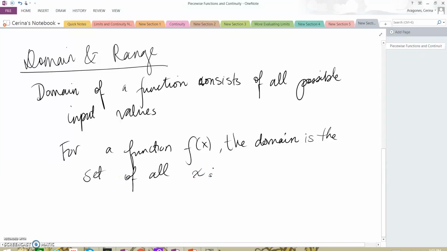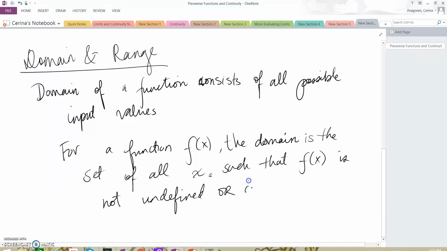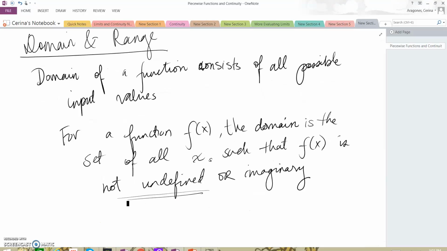Okay, so whatever x you can put into your domain such that f of x is not undefined or imaginary. So don't worry about that imaginary part. We'll talk about that at some point in the future, but we want to focus on this not undefined. So we want to find all possible x's that make our function defined. Okay, if it makes it undefined, it's not in the domain.